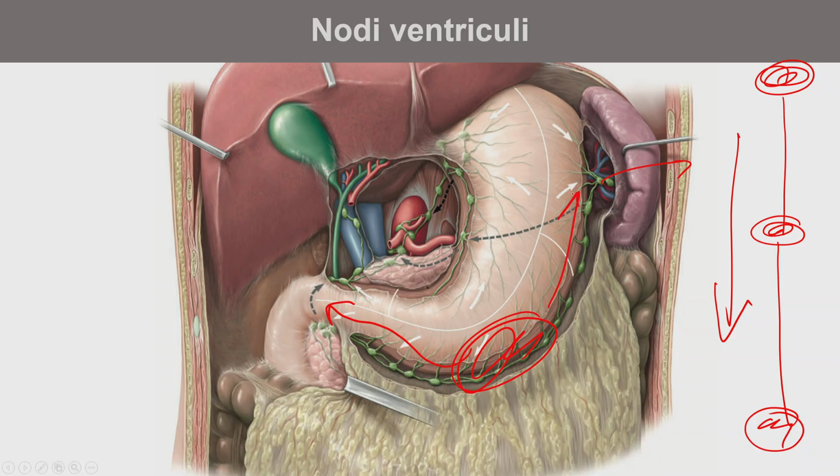of the tumor along the greater curvature. Then you can see that the next step is in a suprapyloric, and then it's directly to the celiac trunk.